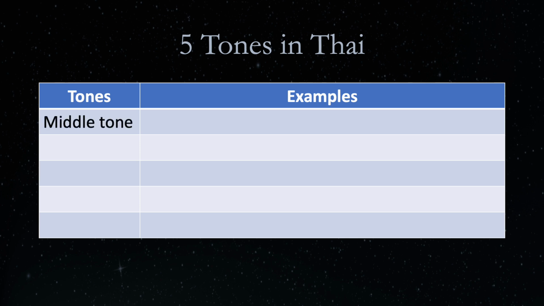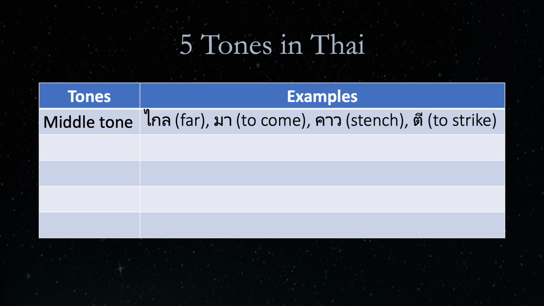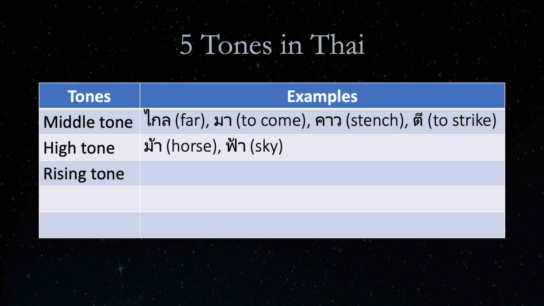The middle tone with examples, glai meaning far, ma meaning to come, khao meaning stench, and ti meaning to strike. In the high tone, we had the examples ma meaning horse and fa meaning sky. The examples for the rising tone are ma meaning dog, si meaning color, and khao meaning white.